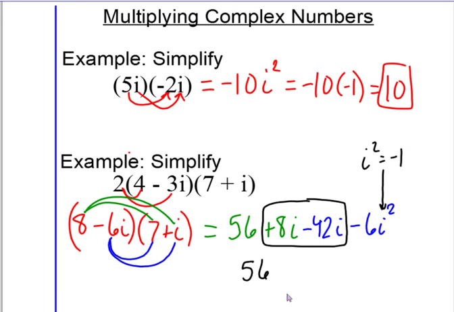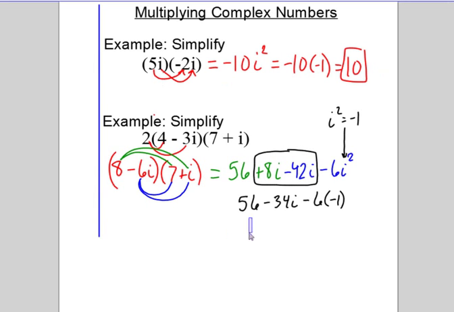So the 56 will remain. 8i plus negative 42i will give me negative 34i. And a negative 6 times a negative 1 will give me a positive 6.